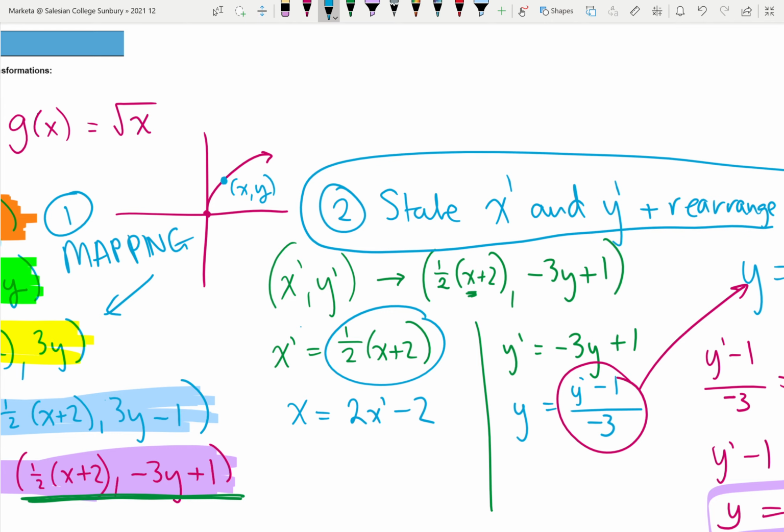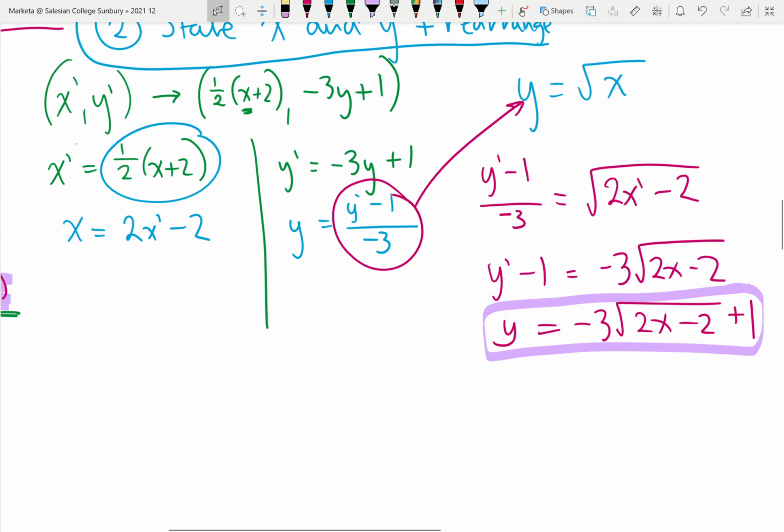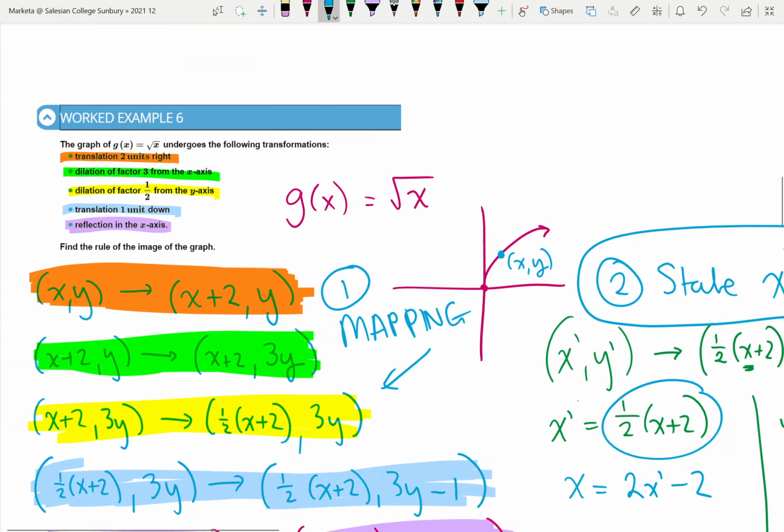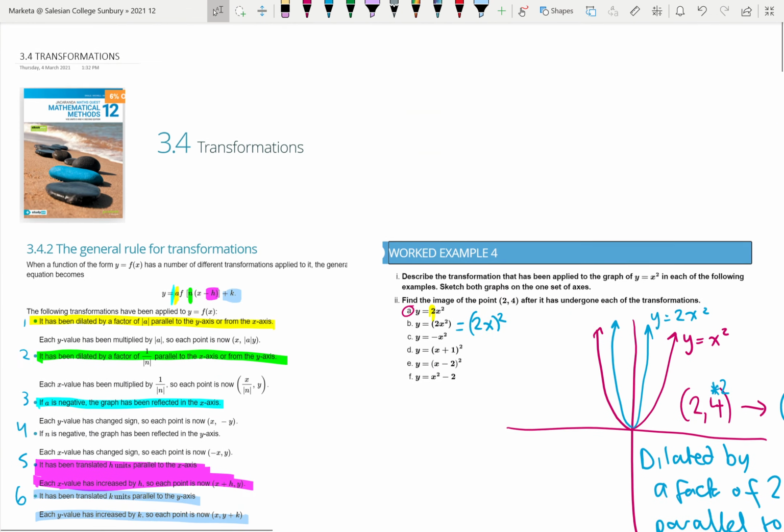And step 3, we substitute those x and y values in with the image, and then we neaten it up. Sub and neaten it up, so we get our final answer. So that completes all the worked examples from 3.4.